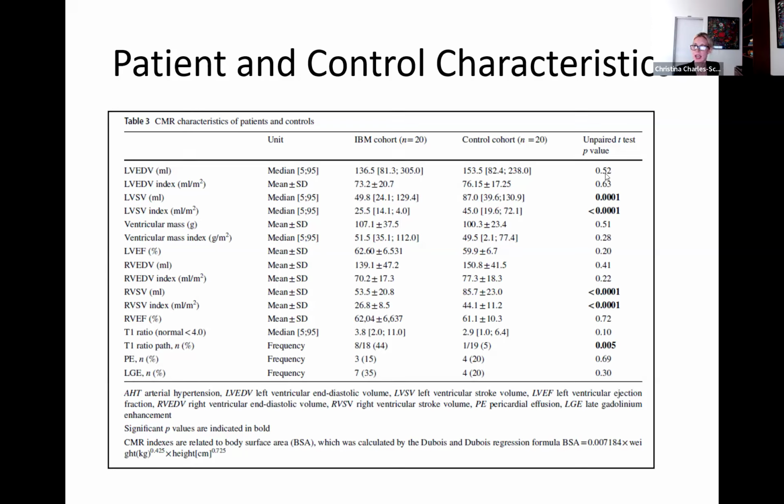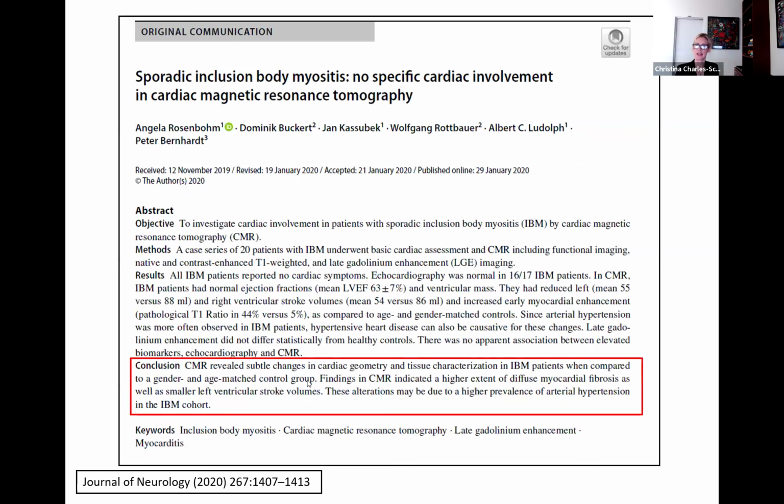They look at, is there a difference between the IBM and the control? And you can see here, there are several differences when they looked at the entire group, IBM versus control, the cardiac MRI findings.